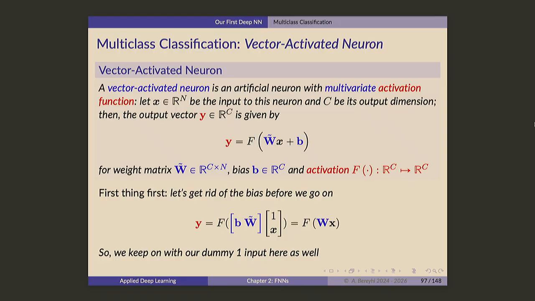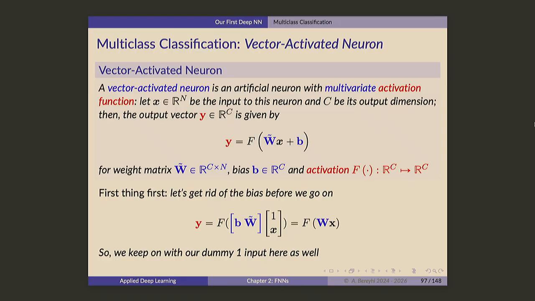Everybody's cool? Questions? So the difference to the previous one is that in the previous one you were doing entry-wise activation, right? You look at this Wx, it's going to be, for example, z1, z2 to zC, right? Then the first one is just a function of z1, the first activated version, right? The second activated version is only a function of z2 and so on, right? But now it's not the case.